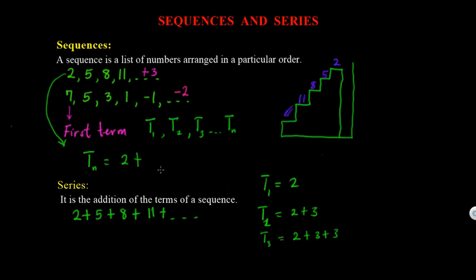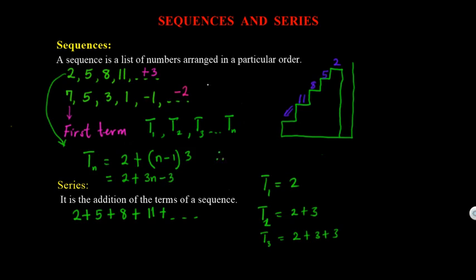So we can realize that we are subtracting 1 from each, which means the nth term is gotten by saying the first term plus the nth term minus 1, which is n minus 1. Then what are we adding? We are adding 3. Multiply by 3. So when we open this bracket, we get 2 plus 3n minus 3.